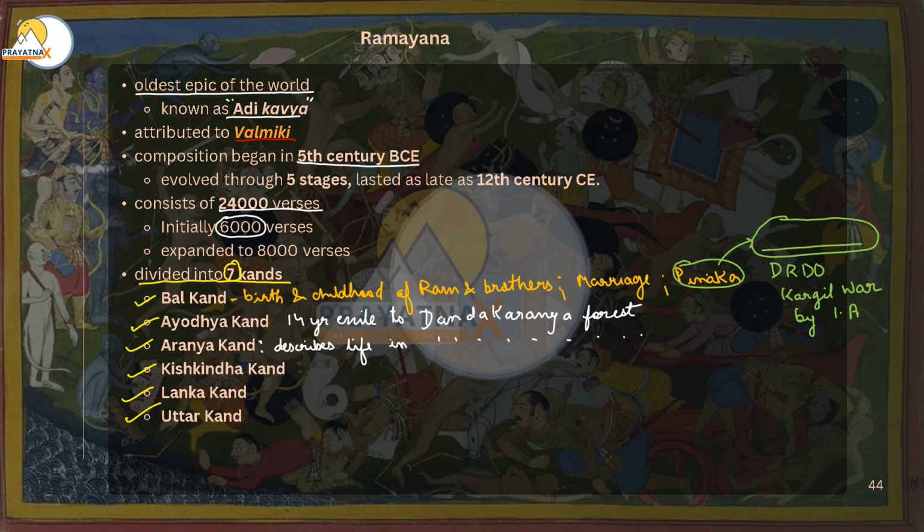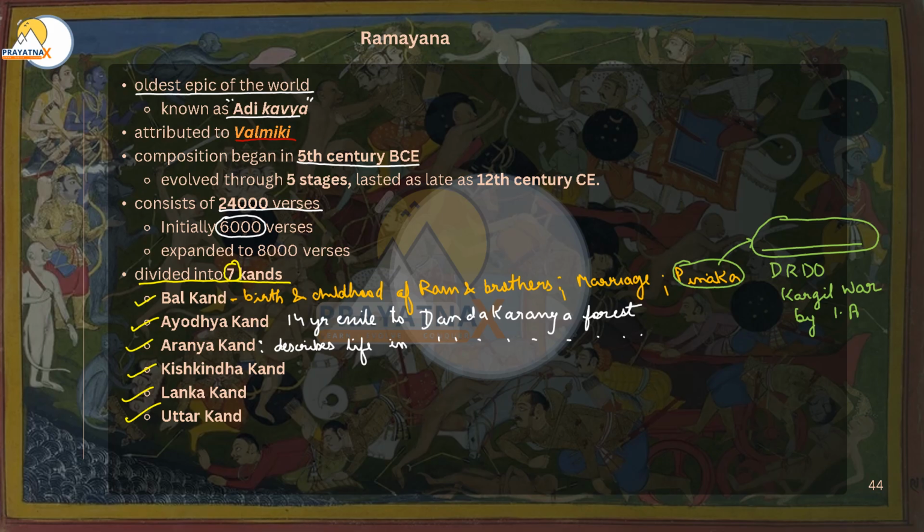And then in the Lanka Kand, the war culminates where Ram, along with his army of monkeys, and Vibhishan, who happens to be Ravan's brother, construct a bridge to Lanka, which we know as Ram Setu. So this is a key event, and then Ram eventually kills Ravana and rescues Sita.